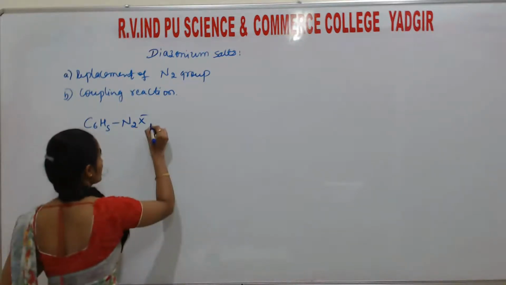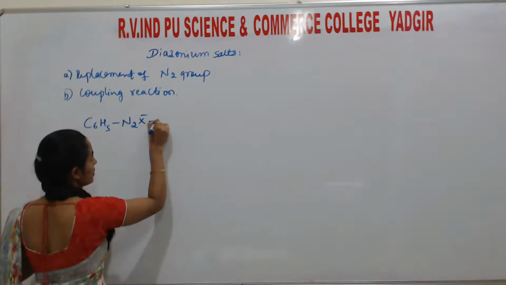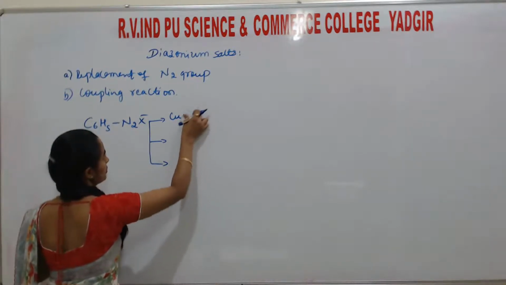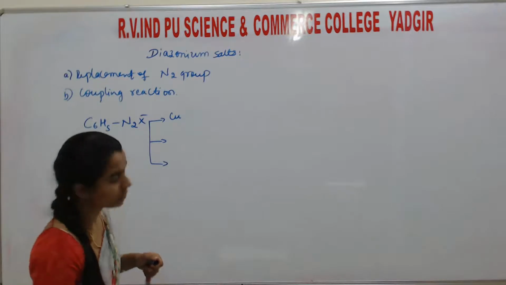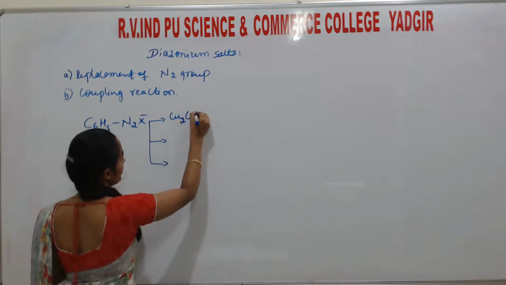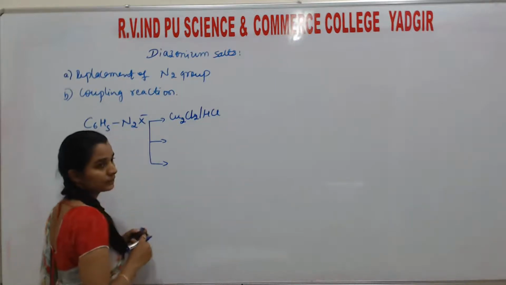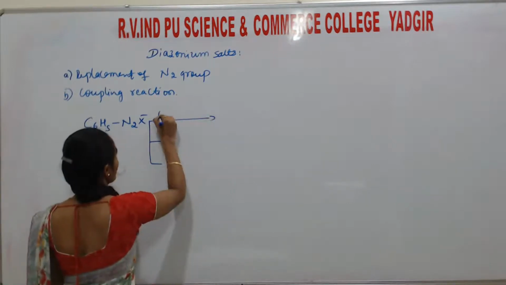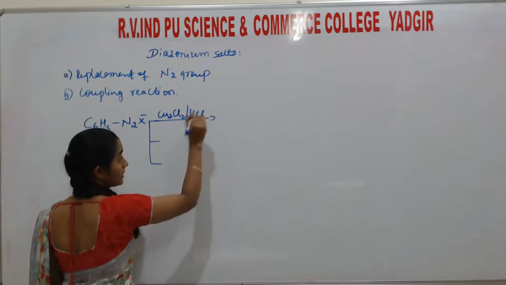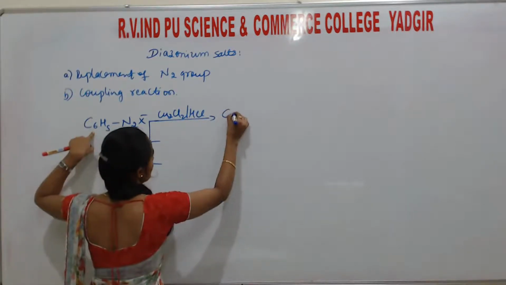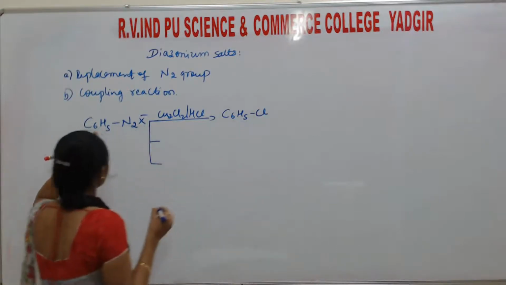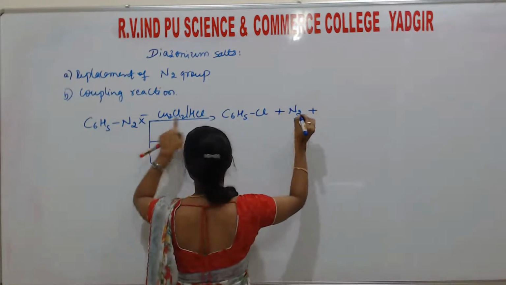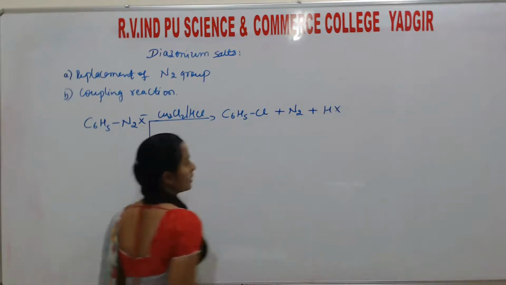So when they react with Cu2Cl2 in presence of HCl, you may write the reaction condition like this: Cu2Cl2 in HCl. Okay, they form C6H5Cl plus N2 plus HX.